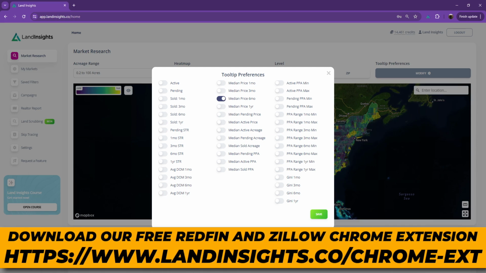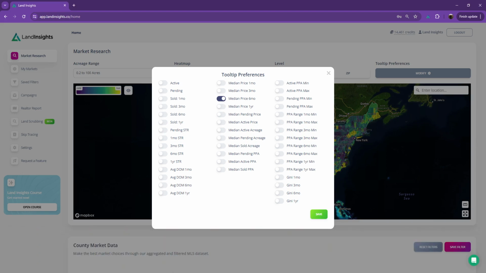For example, we might not find ourselves looking at a county that we can make profit in, or we might find ourselves in a county or a market that ultimately is too difficult to get leads in. So for that reason, the median, the price per acre data points, all of these will be more useful when we're looking at a smaller data set.